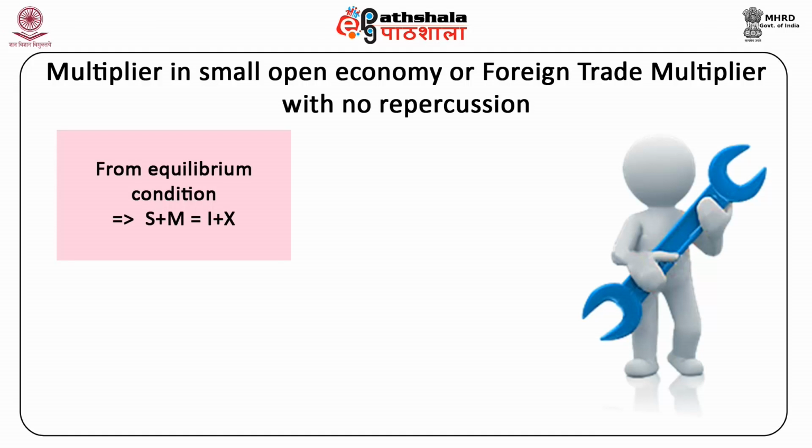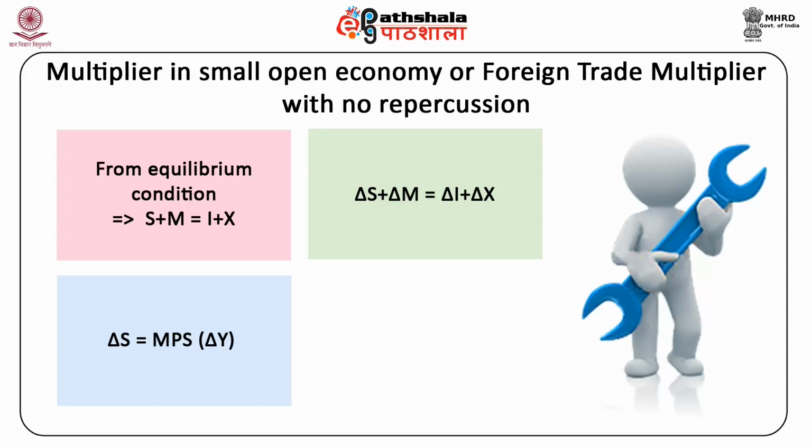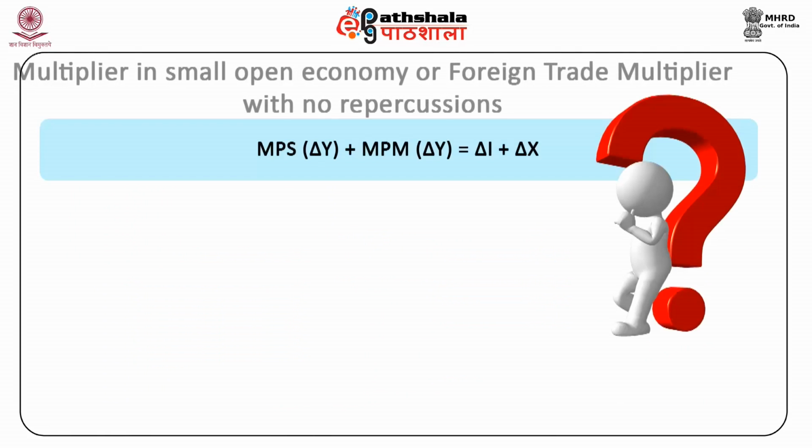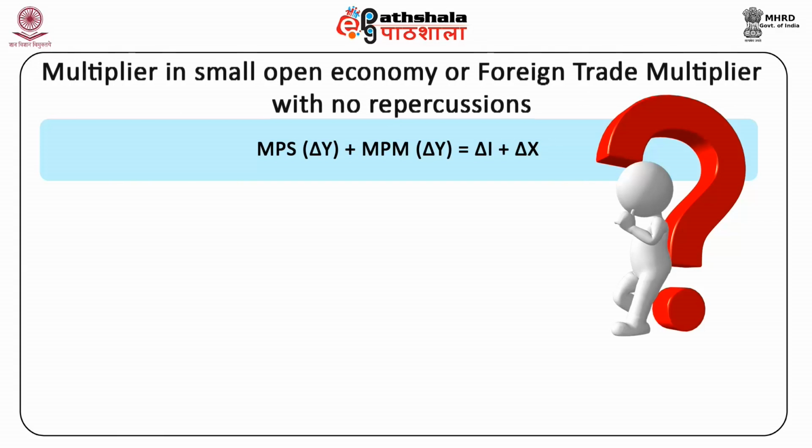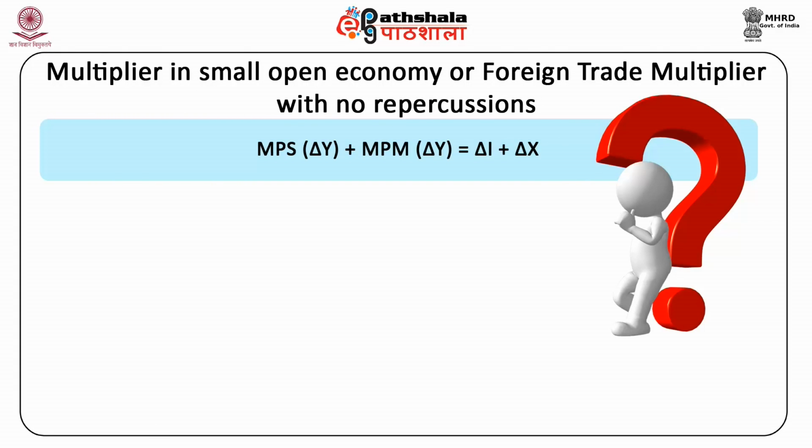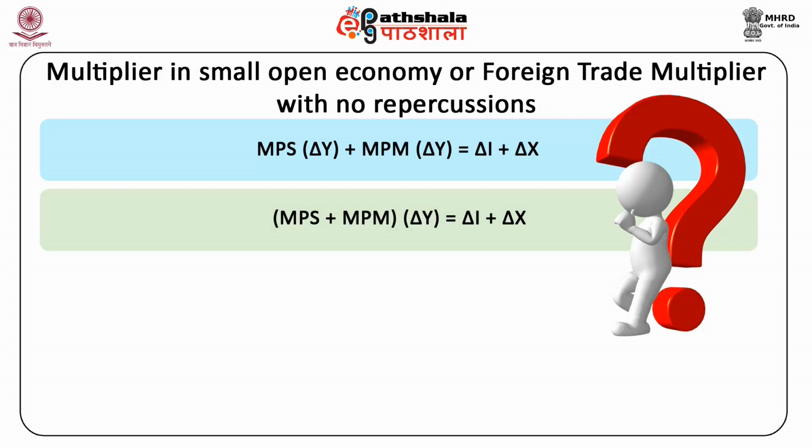From the equilibrium condition, we know S plus M is equal to I plus X. Hence, the following will be true: delta S plus delta M is equal to delta I plus delta X. We know delta S is equal to MPS into delta Y and delta M is equal to MPM into delta Y. Substituting in the equation, we get MPS into delta Y plus MPM into delta Y is equal to delta I plus delta X. MPS plus MPM into delta Y is equal to delta I plus delta X.